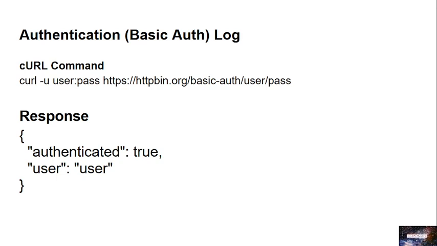Then you send it to the specific URL, https basic-auth, then slash, because that's now pointing to that API, the login API. So user pass, or rather the profile API.